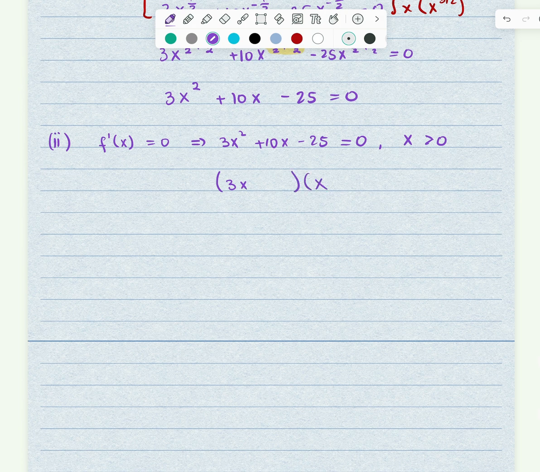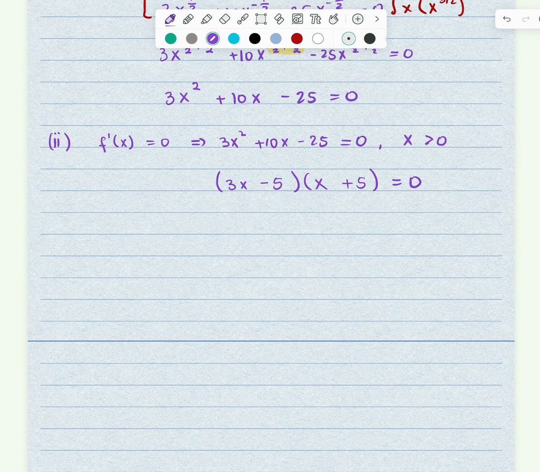If I take this with the x over here, I'm thinking of taking this as a minus 5, and this one as a plus 5. I'm going to check this: 3x squared, positive 15, minus 5, minus 25. I think this is the one. Double checking: 3x squared, yes, plus 15x minus 5x is 10x in the middle.